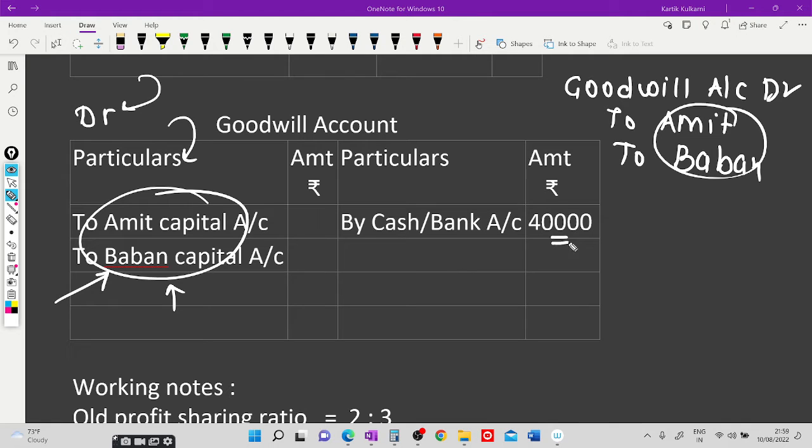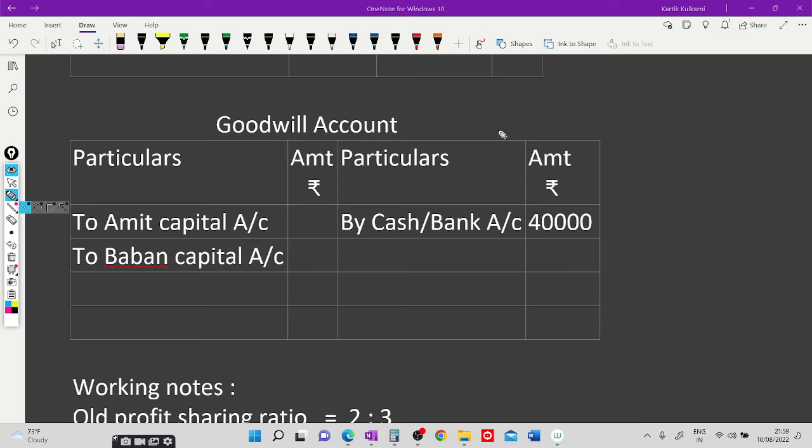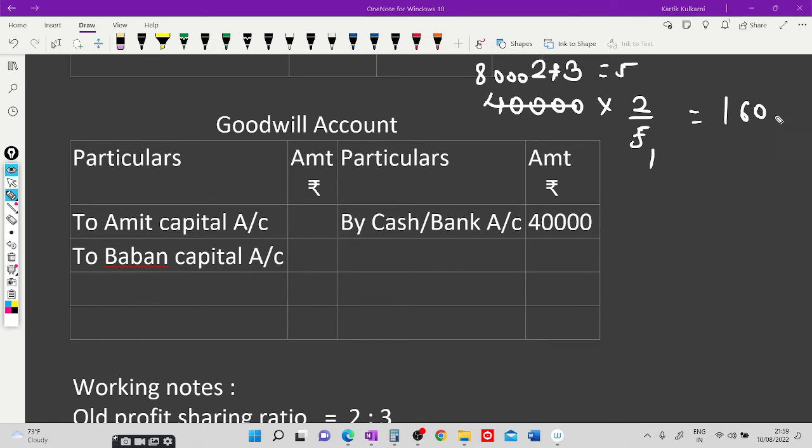Now total goodwill is 40,000. This has to be transferred among these two partners in ratio 2:3, that is sacrifice ratio. So 40,000 into 2 upon, see 2 plus 3 is 5, so it will be 16,000, and what remains is 24,000.